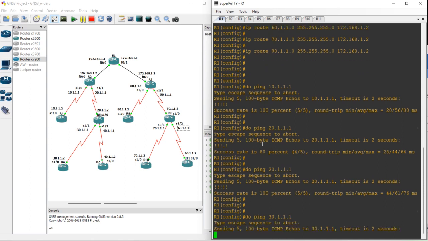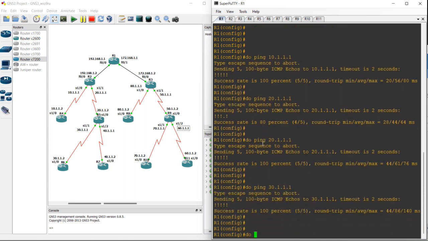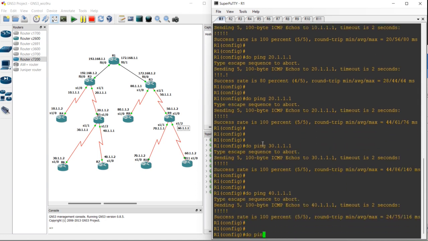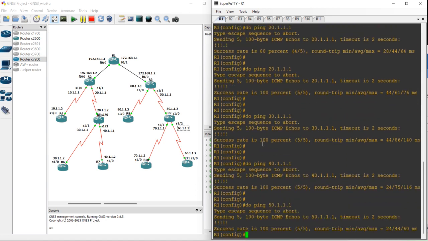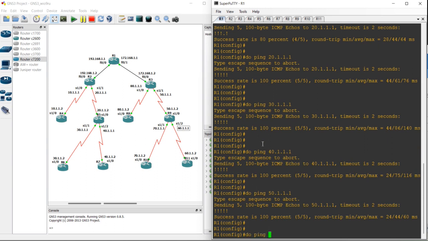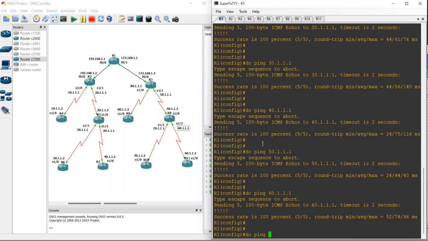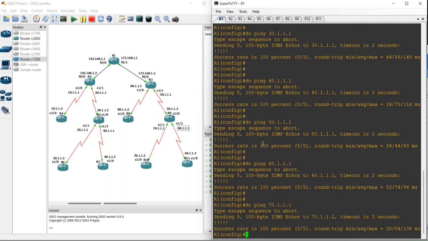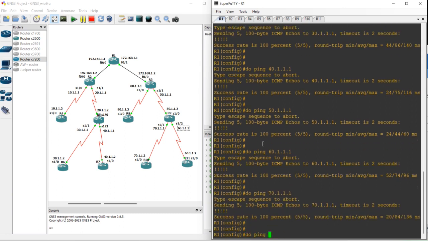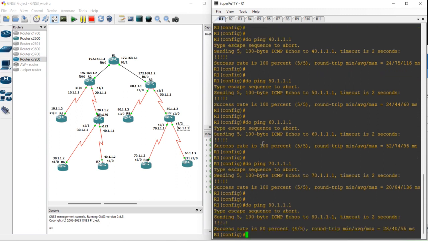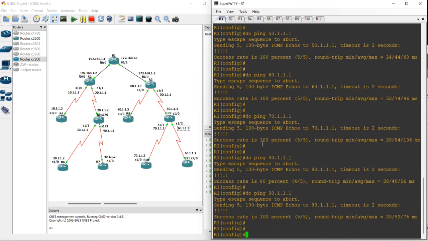Now with the 30s network, the 40s network, the 50s network, and the 60 network. You can see all show 100%. 70, and with 80. Okay, so this is the process for static routing configuration. Got it? Thank you so much.